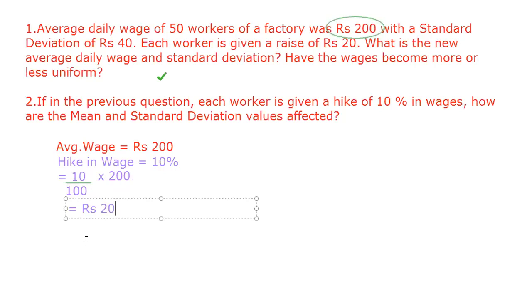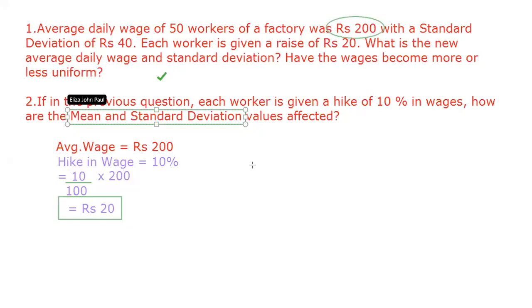So next, what we need to find? As per our question, wait a second, let me make a box. This is our hike. We need to find the mean and standard deviation: how far the mean will get affected and how far the standard deviation will get affected.